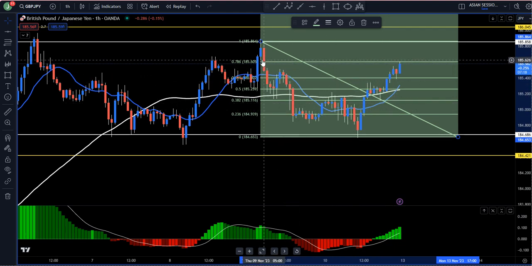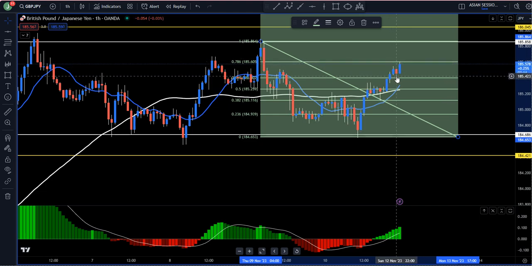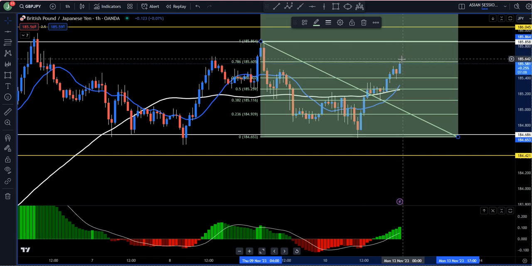And we are at our 78.6. And this 78.6 is typically an area of a reversal. But again, if price breaks this 78.6, then we know we are certainly pushing on up to our daily resistance. So right now, what has already happened?